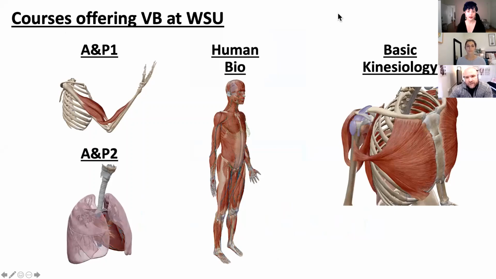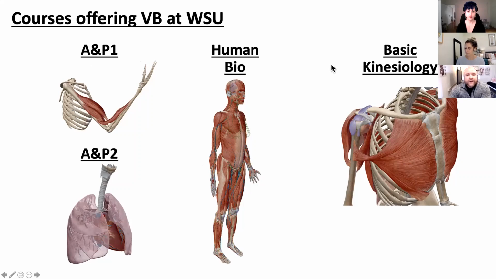These are the courses that we offer on our campus that currently use Visible Body. These are probably familiar to most or all of you, the two-semester A&P 1, A&P 2 schedule. Then we have a human biology course that is a full human systems course taught in one semester.